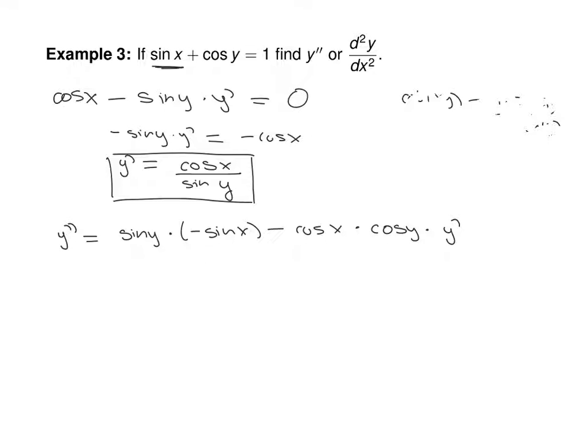It is y prime because you took the derivative of y, which is y prime. Whereas on the left side, you took the derivative of y prime, that's y double prime. Does that make sense?